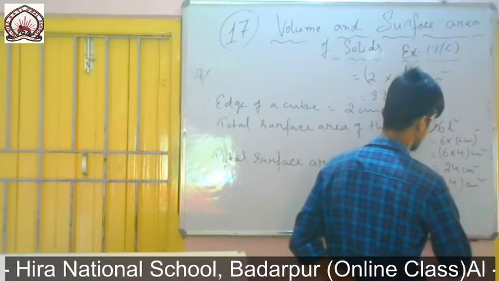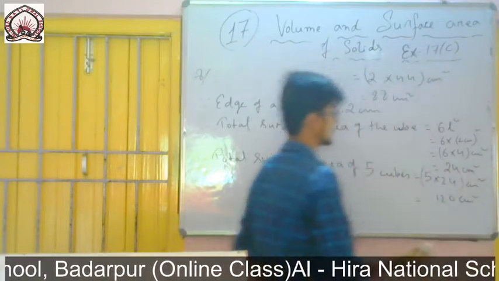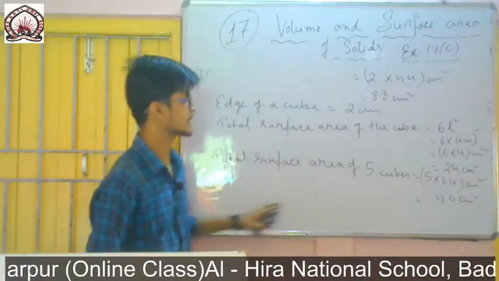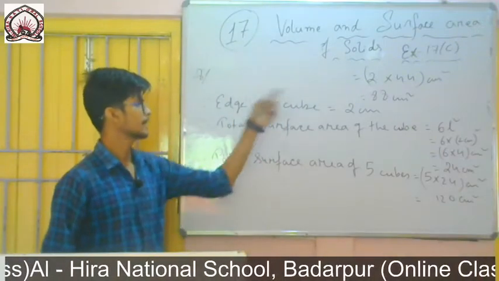So 5 4s are 20, 5 2s are 10, 12, 120 centimeter square. So this is the total surface area of the cubes, it is 120 centimeter square.